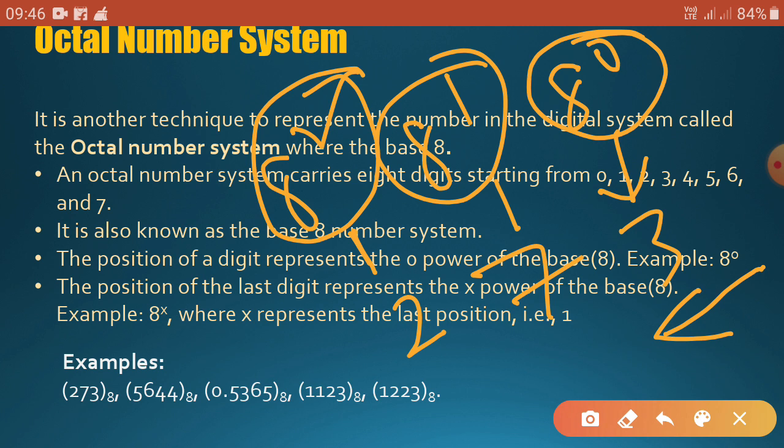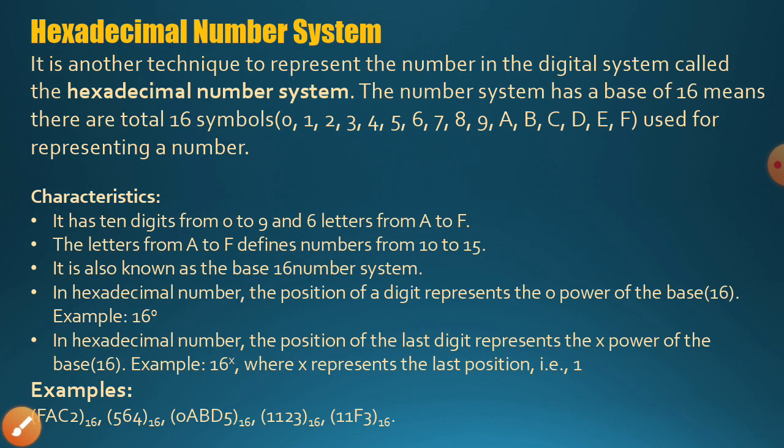Okay, go to the next slide. So now the last number system, that is the hexadecimal number system. In this number system we will have 16 digits that range from 0 to 9 and capital A to capital F. So its base is 16.